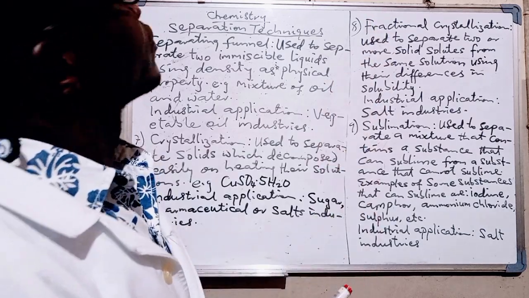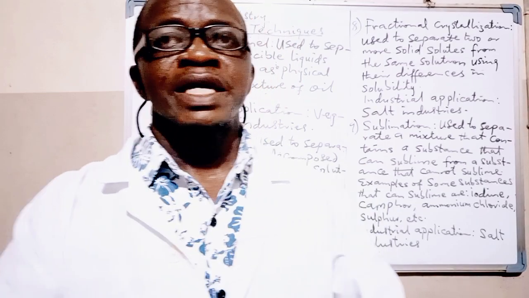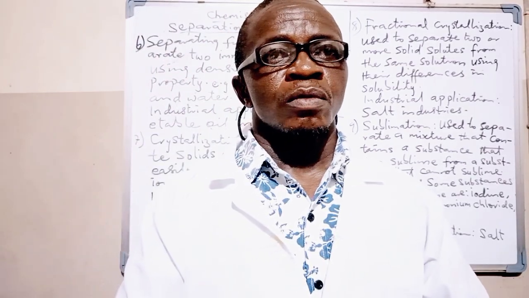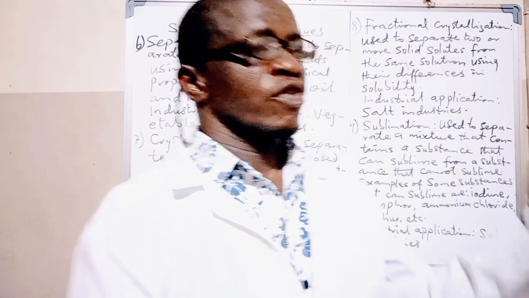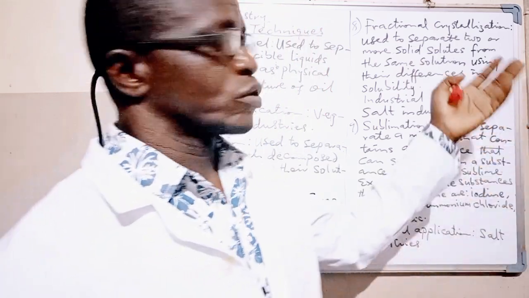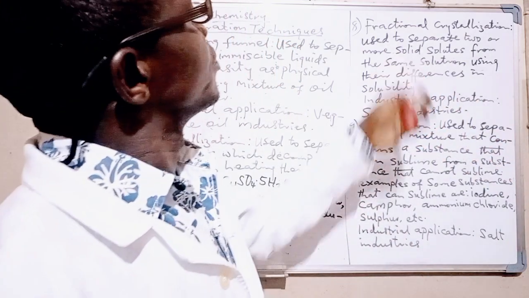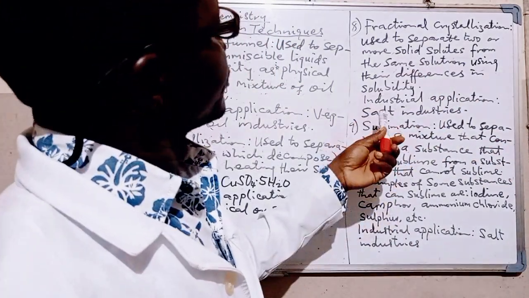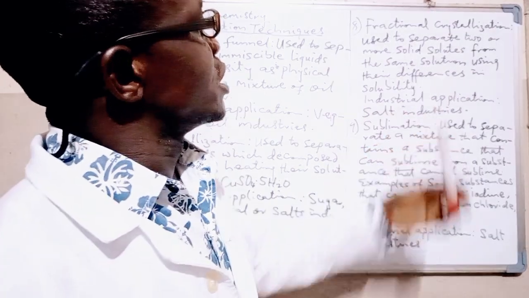Fractional crystallization, you use it to get out two or more salts from the same solution. And these must be salts that you know cannot withstand high temperature. Industrial application, salt industries.